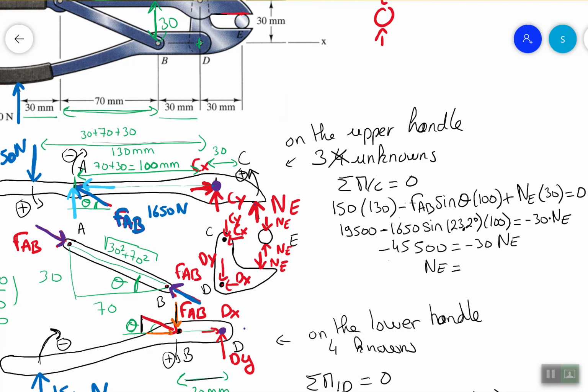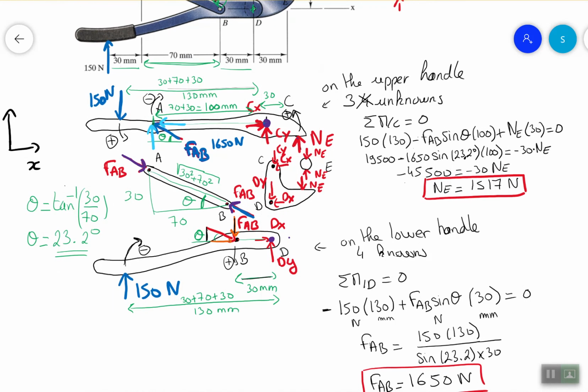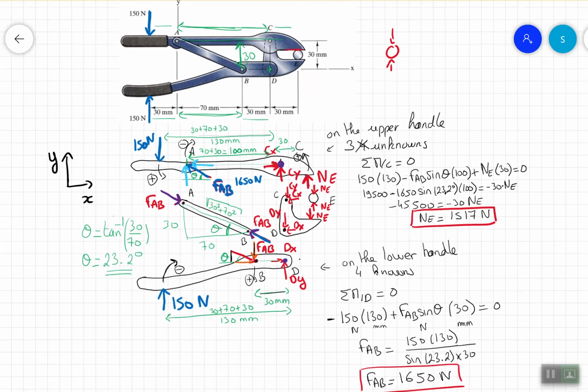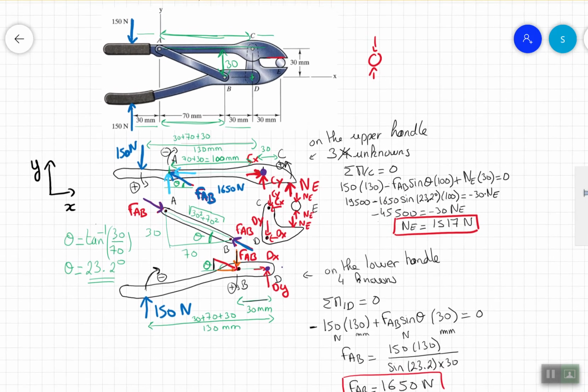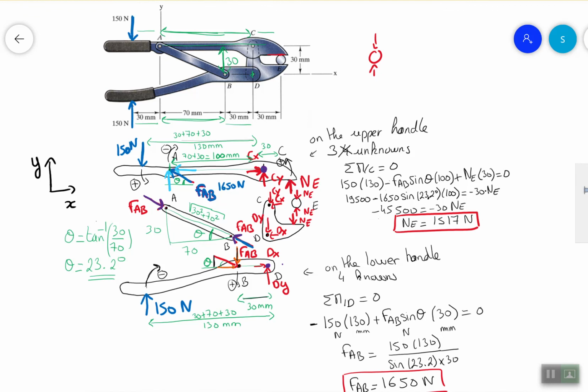So minus divided by minus 30, it's 1,517 Newton. Let's square that.